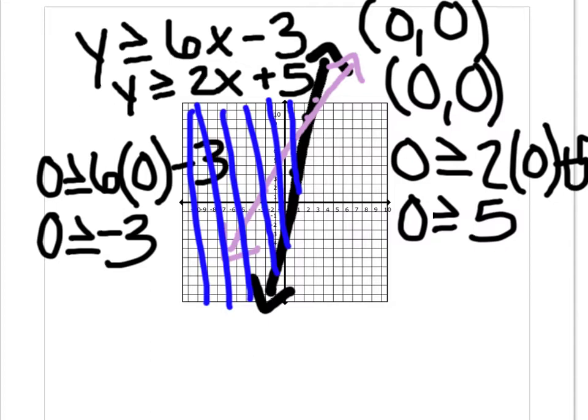So if we pick a different color, in your guys' case you're going to shade the opposite direction. Since 0 is not greater than or equal to 5, you're not going to shade the side that 0, 0 is on. So you would shade this side of the line. So your answer is going to be the spot that is shaded in both directions.